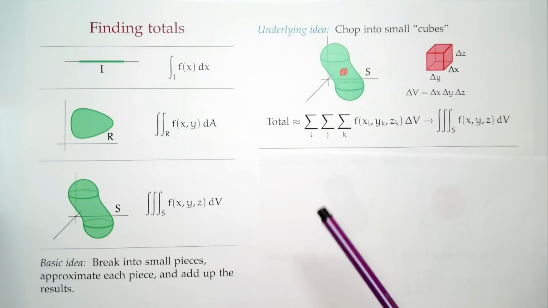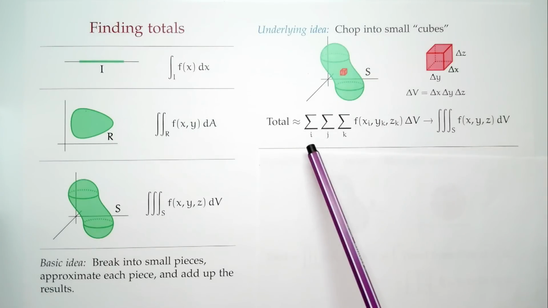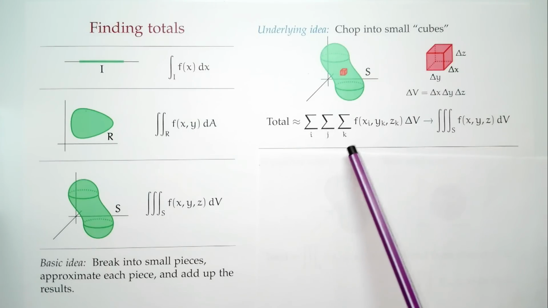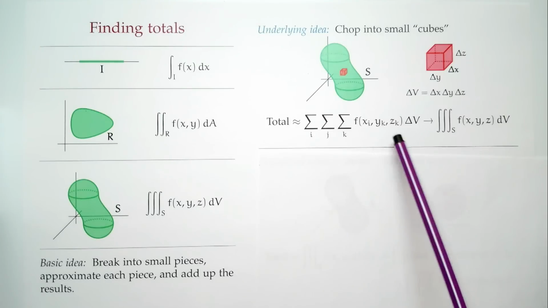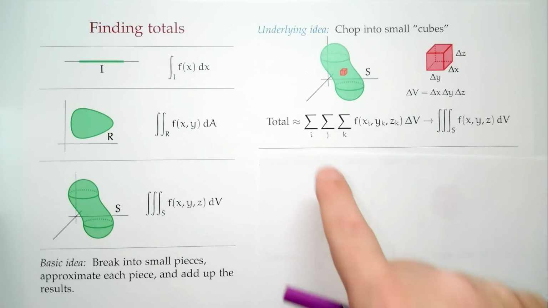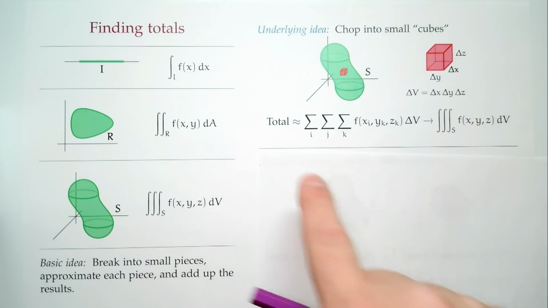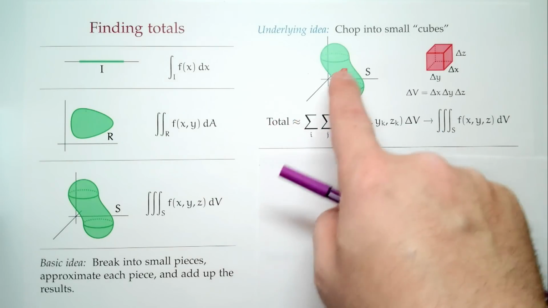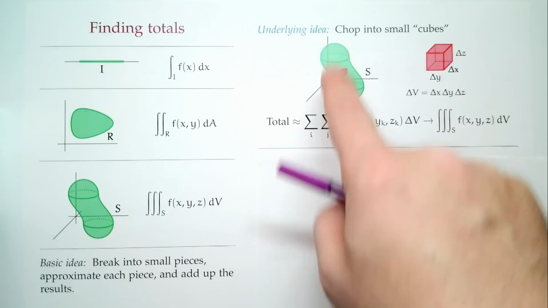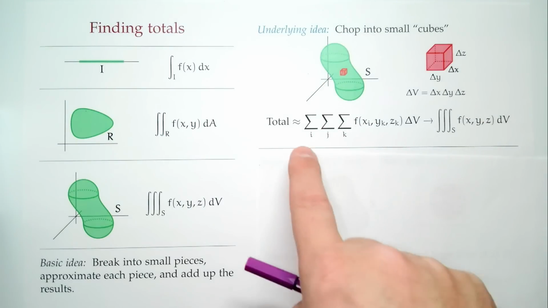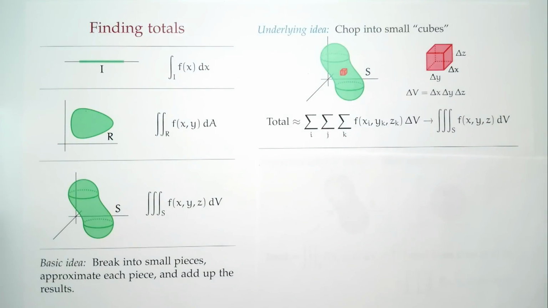So we get that the total would be, we sum over all the boxes, f of x, y, z, delta v. Now, why are there three sums? Because I can be going in three different directions: the x direction, the y direction, and the z direction. So that's why there are three different sums. You really have to index for each direction. Where are you in terms of x? Where are you in terms of y? Where are you in terms of z?